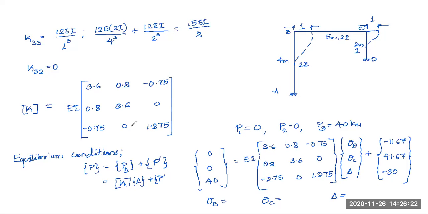Please tell me what this will be if you have calculated. Minus 40, this will become plus 40 plus 30, 70.